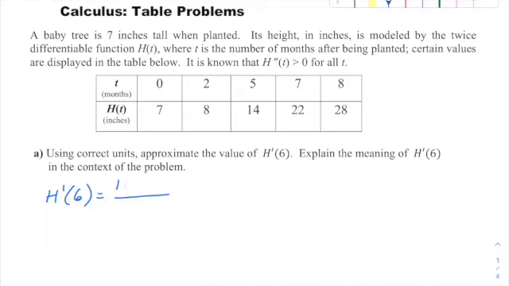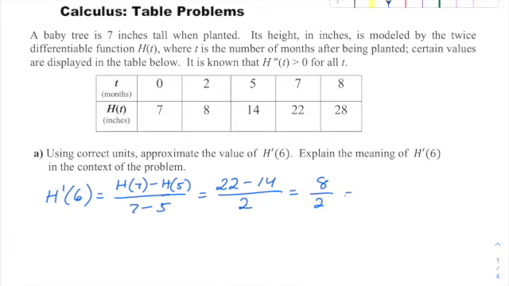So we're just going to do the slope, really. This is just some algebra 1 stuff: y2 minus y1 over x2 minus x1. h of 7 is 22, and I like to show the calculations with the function notation. I just think it looks a little more polished. Then you get 8 divided by 2, and that would be 4, but notice it did say using correct units.